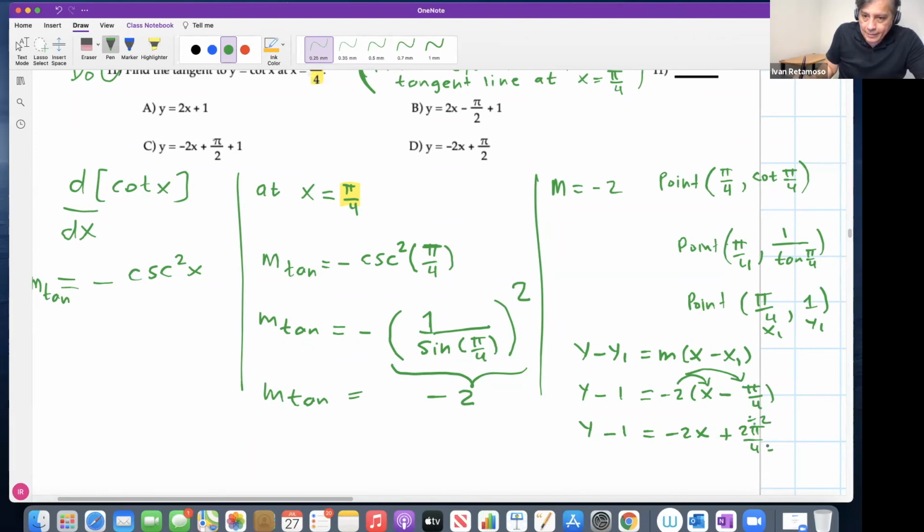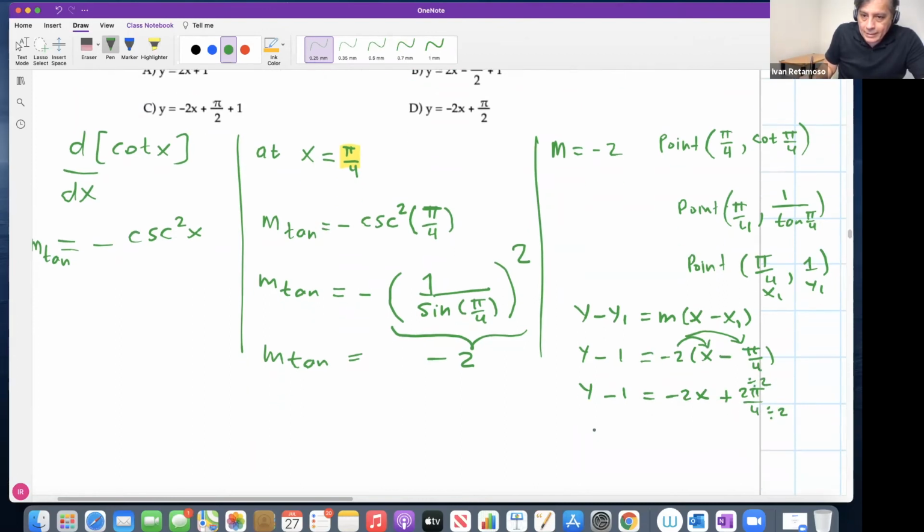simplifying, this is y minus 1 equal minus 2x plus pi over 2, right? Halves and halves. And adding 1 to both sides, I think we should get it. Plus 1 here.